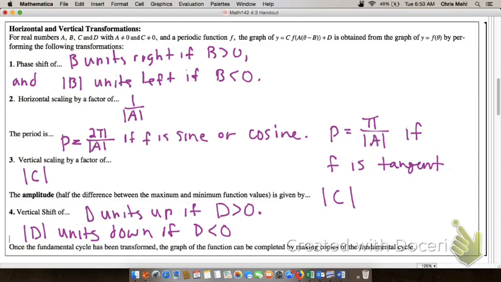So without the shift, if you just had sine or cosine, the middle function value is always 0. And then by shifting up or down, you're just shifting the middle value of the function. And then once the fundamental cycle has been transformed and graphed, you can complete the graph of the function by making copies of the fundamental cycle.